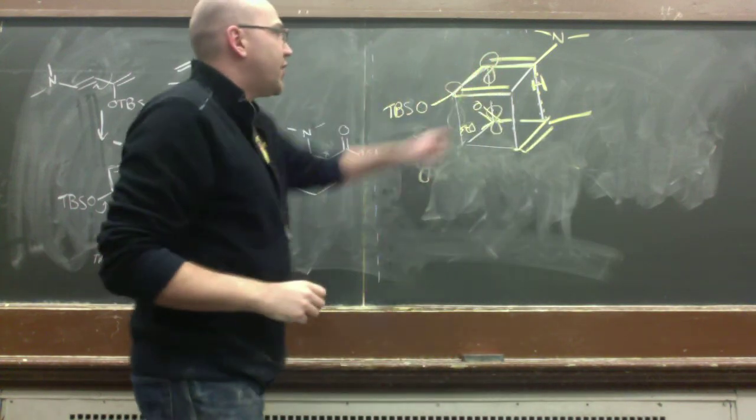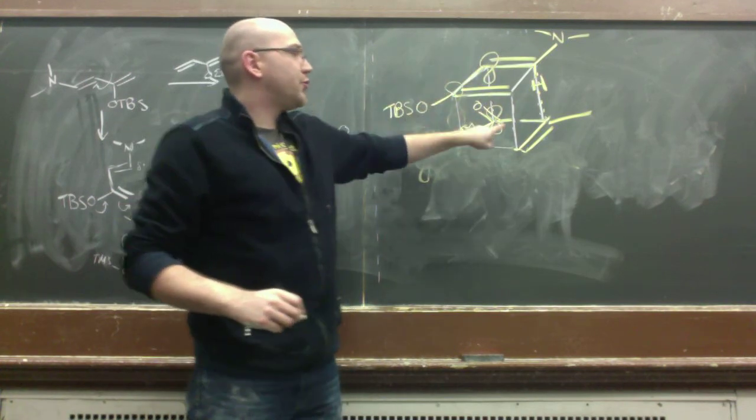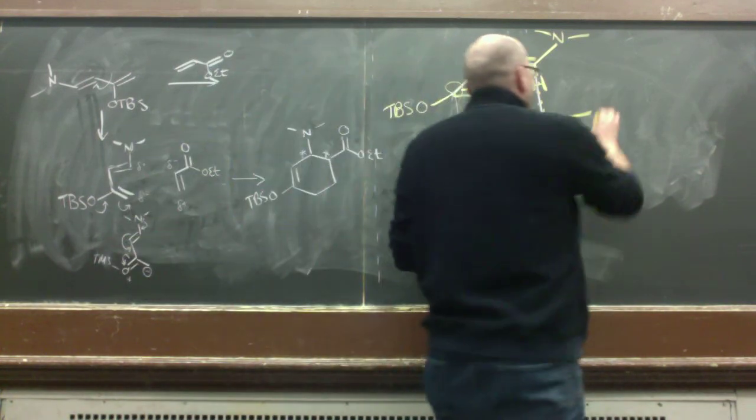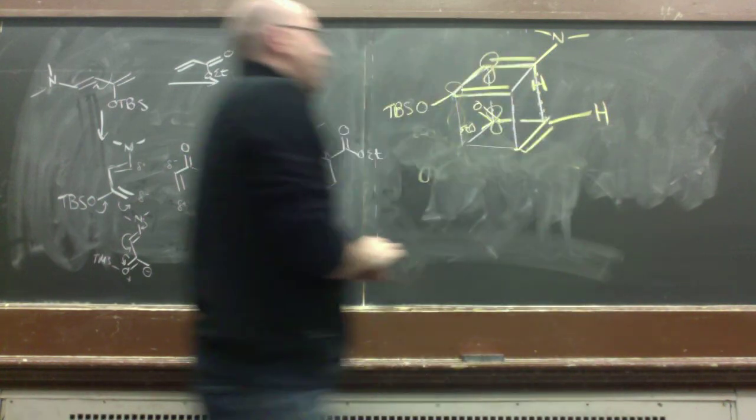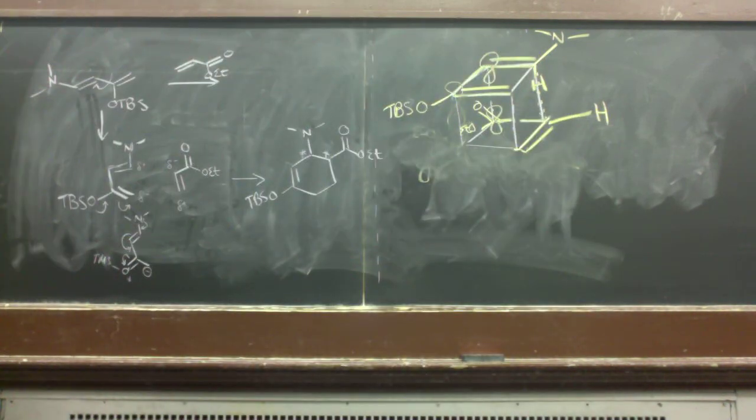Okay, so there's our ester again, and there's the bond, right? I just drew the wrong regioisomer previously, okay? And so there's our hydrogen, right? And so what's going to happen here is this is how the bonds are going to form, yeah?